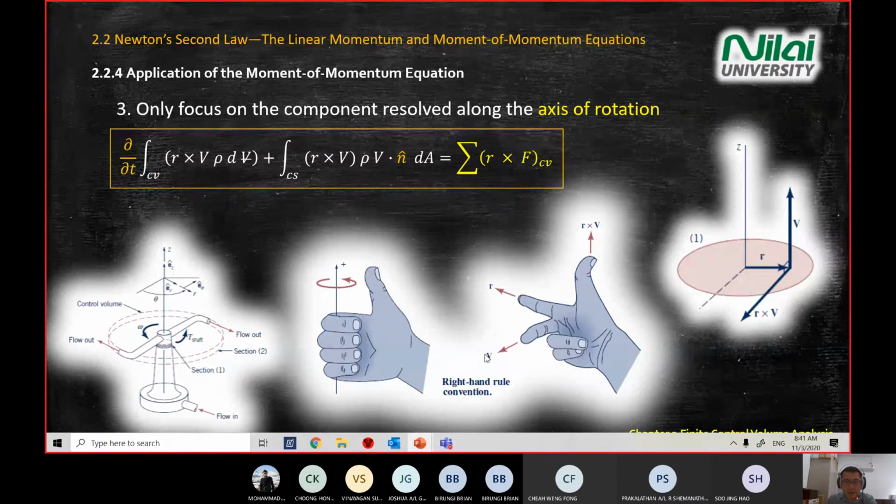Your middle finger represents the velocity. So when these two entities are 90 degree, you will get the cross product r cross v, right? R cross v. Means the end product is going this direction.